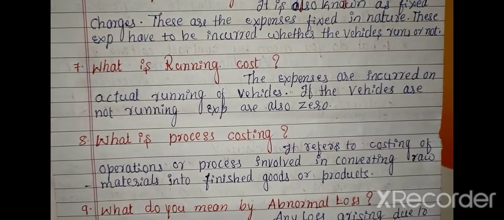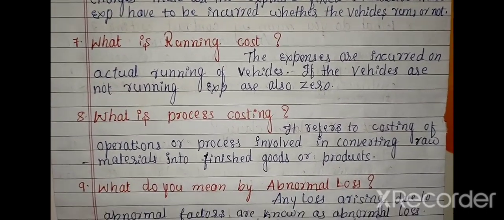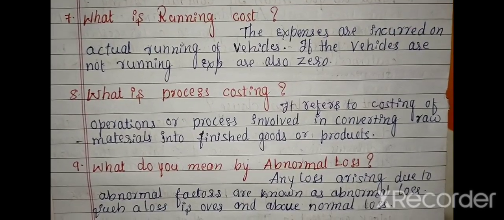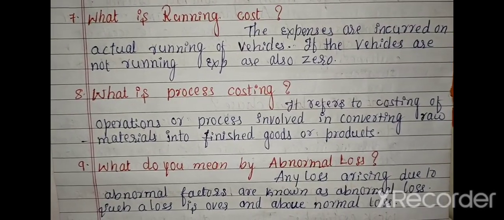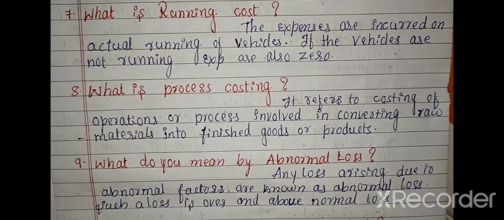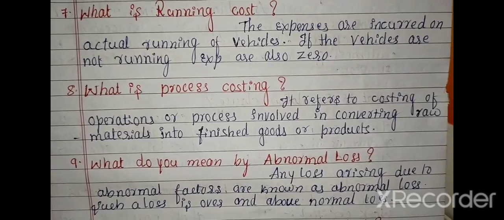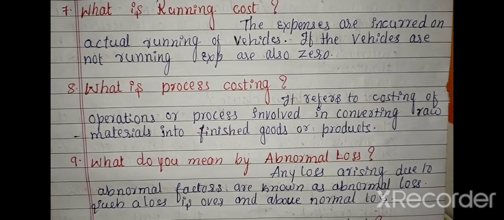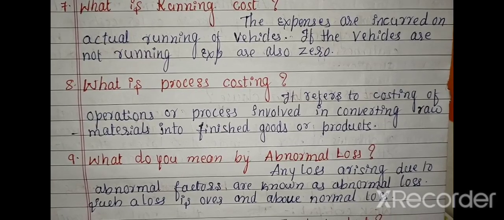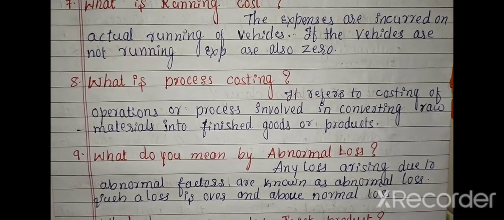And question number 8, what is process costing? It refers to costing of operations or processes involved in converting raw materials into finished goods or products. It is called process costing.